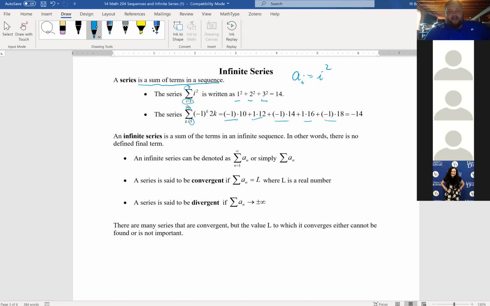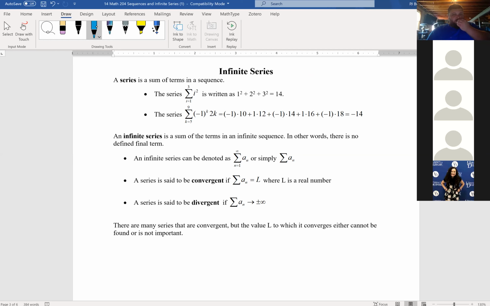And then you just plug in 5 for the first one. So this would be -1 to the 5th. And then 2 times 5, right? That's what we got out of that one. And then the next term would be -1 to the 6th, and 2 times 6, and so on. And then you just add all those up. So not much of a mystery there, right? It's just adding the terms that you would get from a sequence.